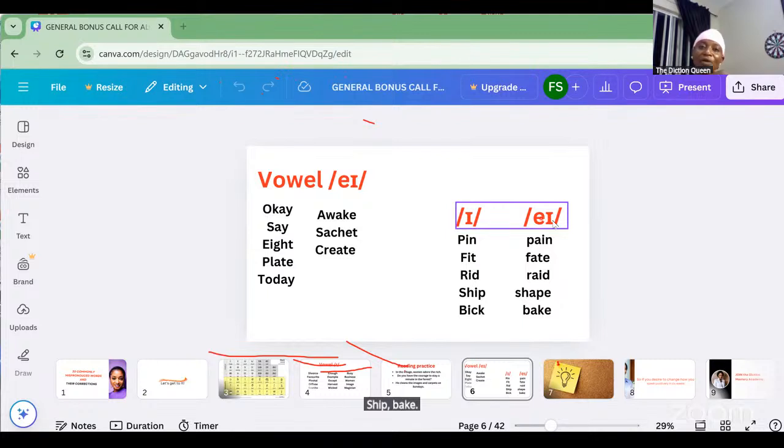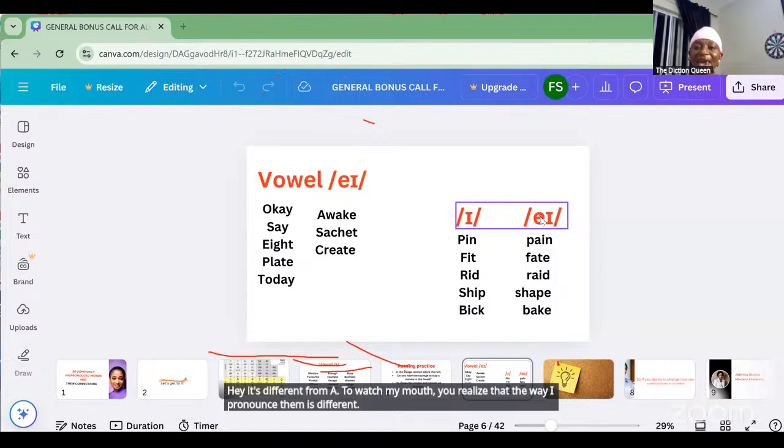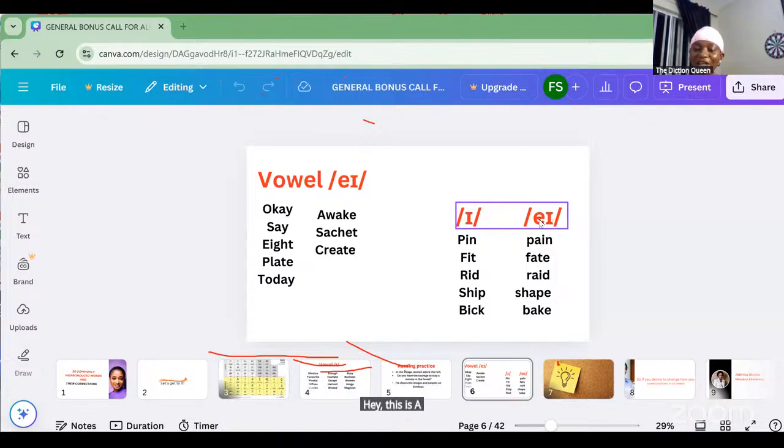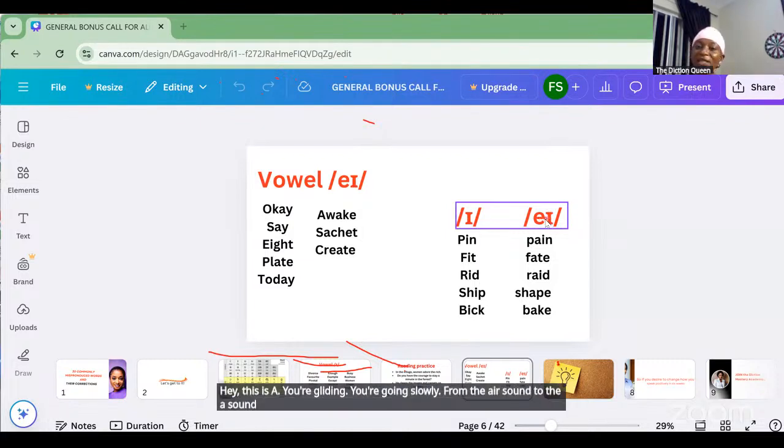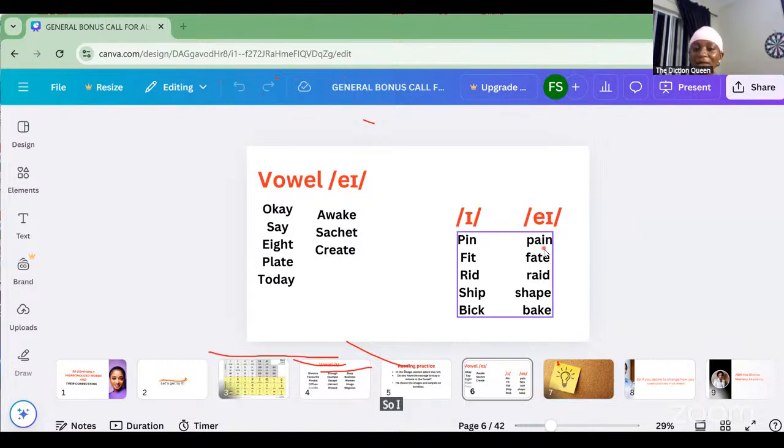Now, this sound here is the long A. It is different from the short sound. Watch my mouth, you realize that the way I pronounce them is different. You're gliding, going slowly from one sound to the other. Do not be lazy when pronouncing the sound. So I have pain. This is not pin, it's pain.